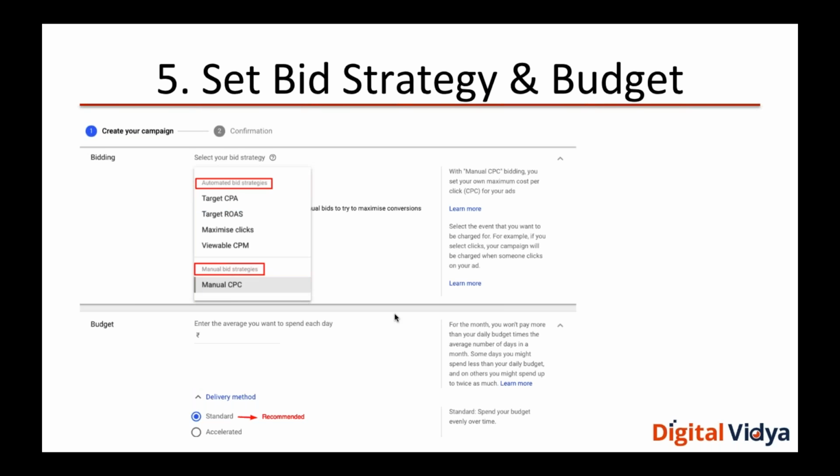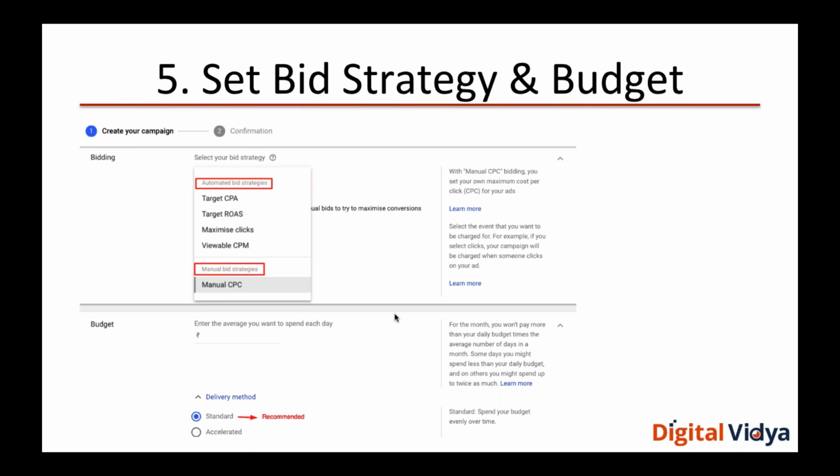From there, you'll be taken to the page where you have to select the bidding and budget options. Remember the bidding options that we discussed last week, bid strategies? Do you remember? CPA, ROAS, CPM, all these different strategies. This is the section where you select what kind of bidding strategy you have to follow.